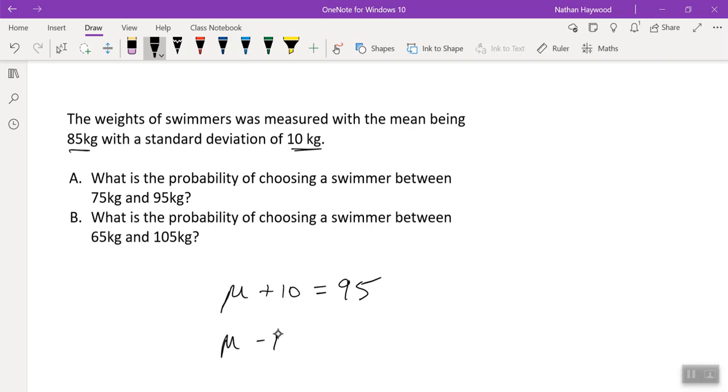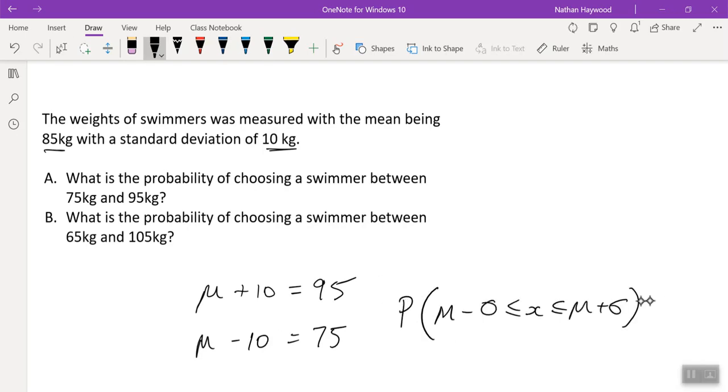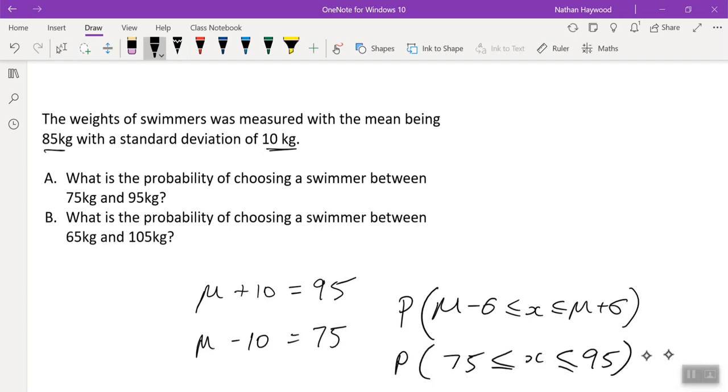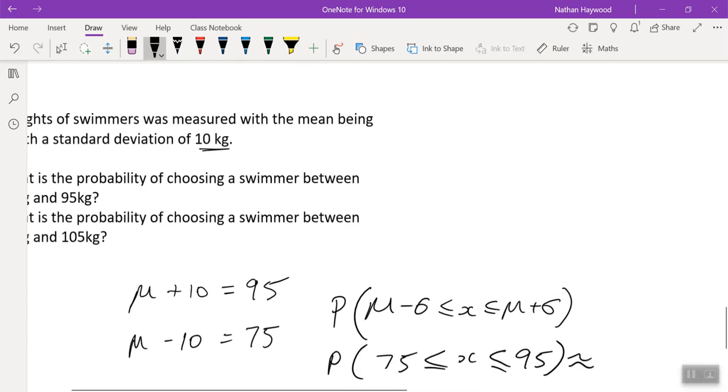The mean minus 10 kilograms. So it's asking us what is the probability of choosing a swimmer within 1 standard deviation, between mu minus and mu plus standard deviation, as we already discussed, is 68%.